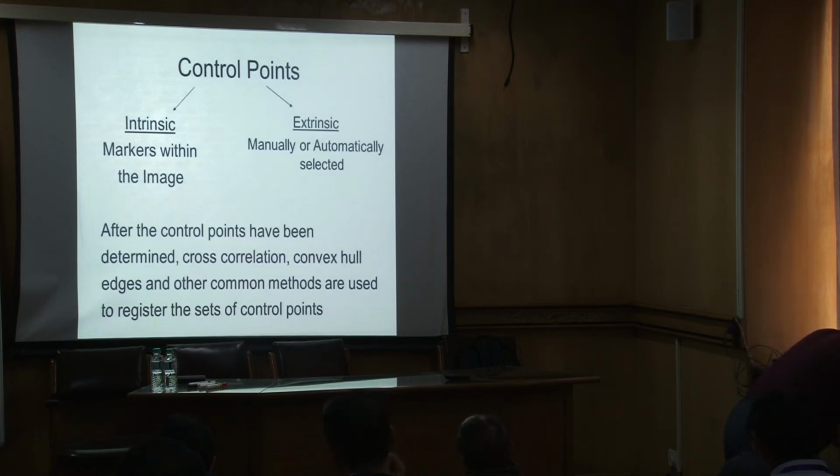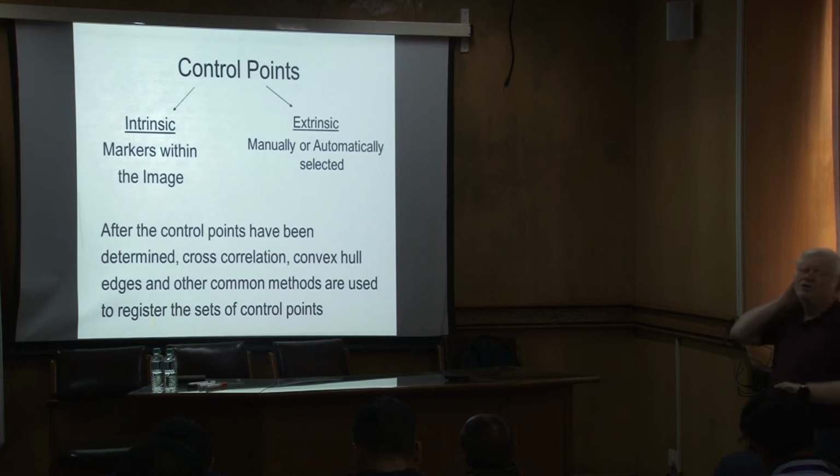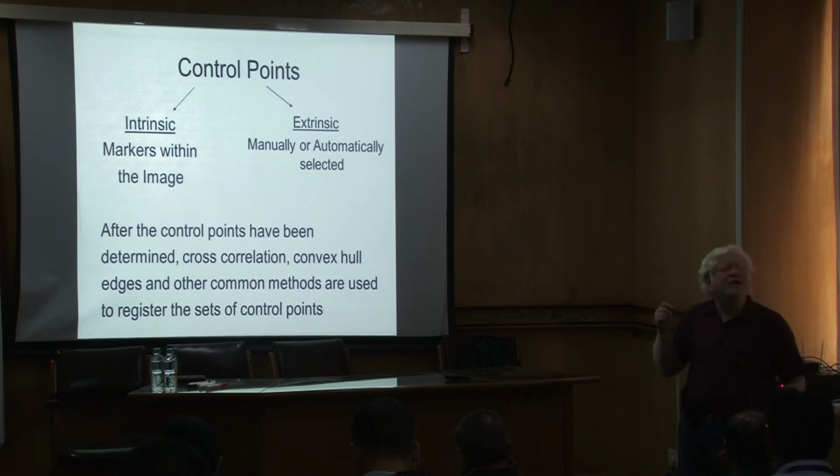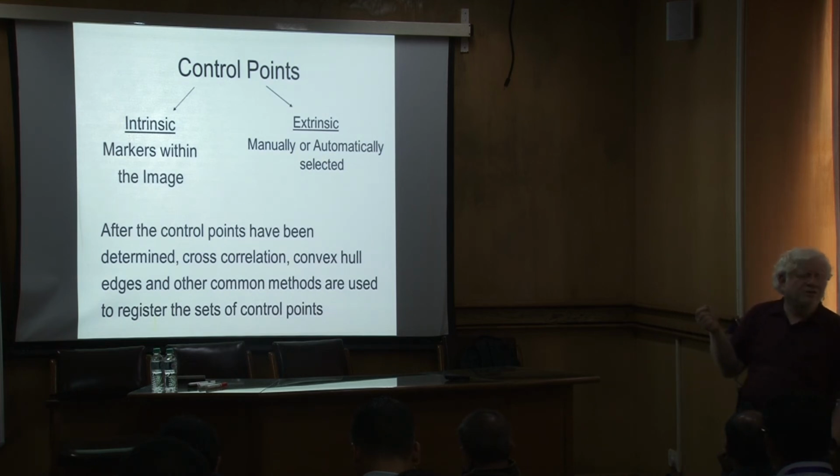So, markers within the image can be found, for example, you have point features, or regions of the same color in the two images can be compared to each other to find out the shift, to do the registration, or individual pixel points which are called corners or 0D points give you far more accurate position for registration.